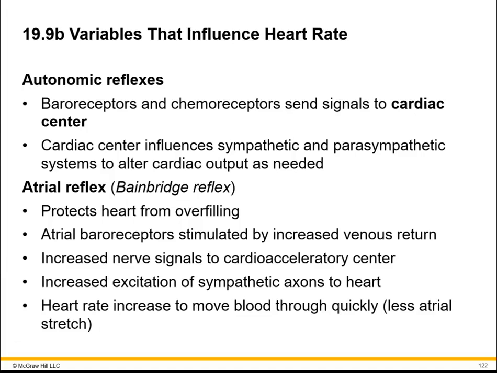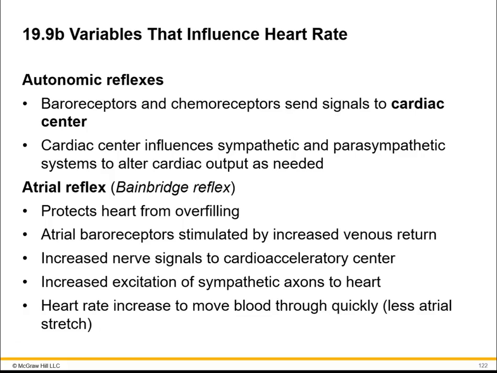There's also the atrial reflex. This is also called the Bainbridge reflex. What this does is it protects the heart from overfilling. So there's baroreceptors in the atria, and they're going to be stimulated by increased venous return. What does that mean? Well, that means that more blood is returning to the heart, and so the atria are stretching.